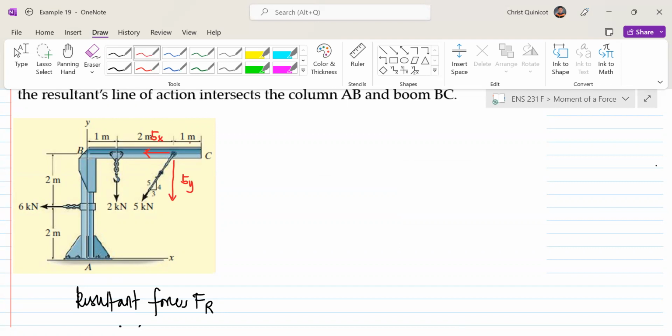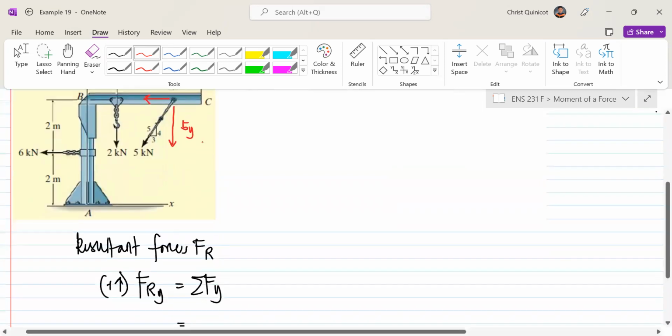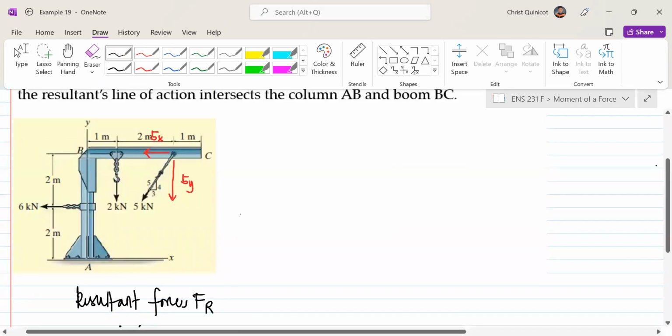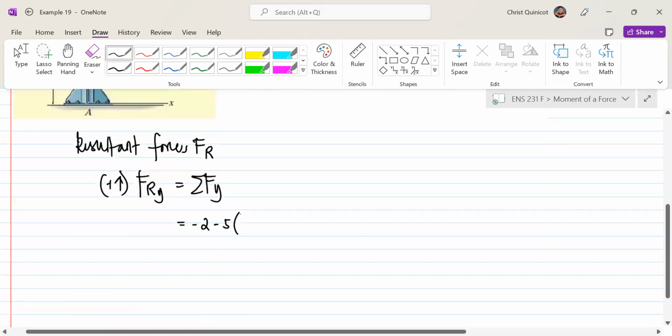So we have two forces in the y direction: 2 kilonewton going down and the y component of our 5. So this is negative 2 minus 5 times the y component, which is 4/5.